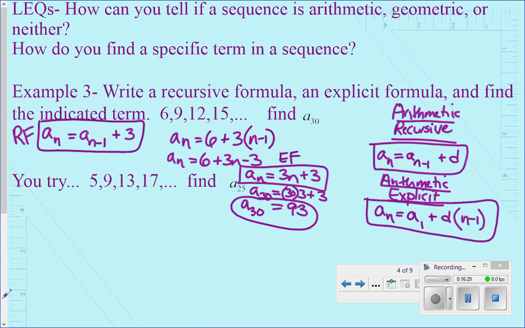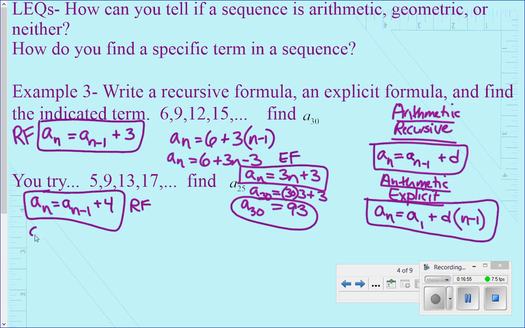5, 9, 13, 17. So the first thing I'm going to do is identify what kind of sequence it is. 5 to 9 to 13. I can see that this is an arithmetic sequence where the d value is 4. So recursive formula, a sub n equals a sub n minus 1. And then I'm going to add on the common difference, which is 4. That's my recursive.